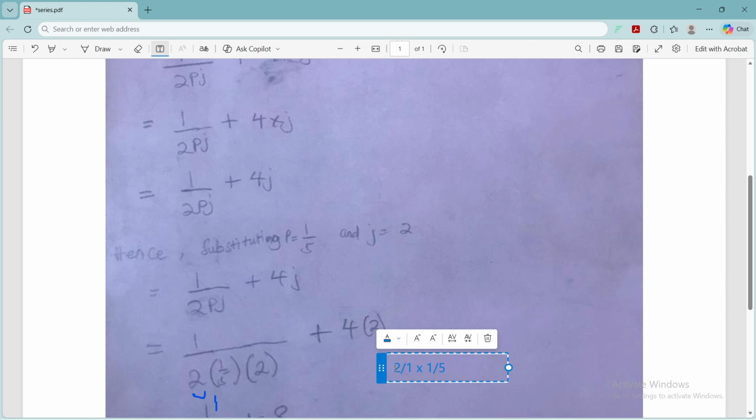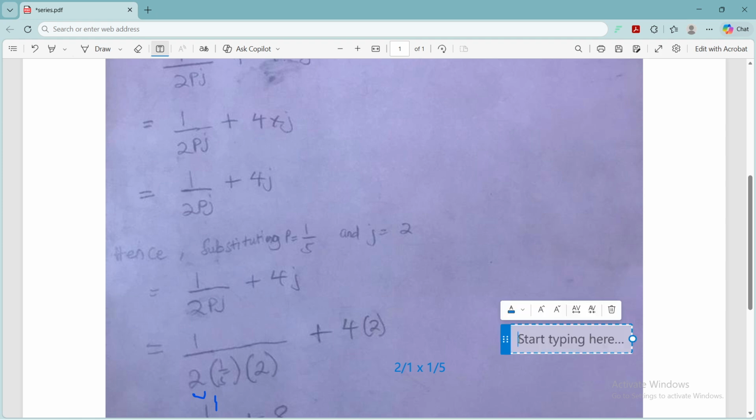So the numerator 2 would multiply 1 to give us 2, right? And the denominator 1 will multiply the denominator 5 for us to get 5. So we are going to have 2 over 5 multiplying 2, right?